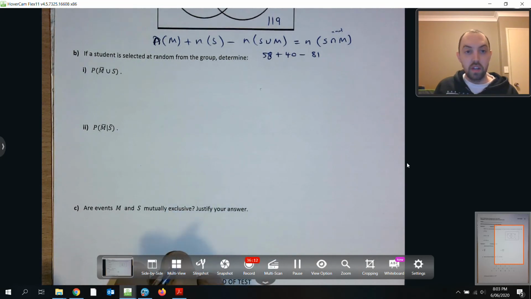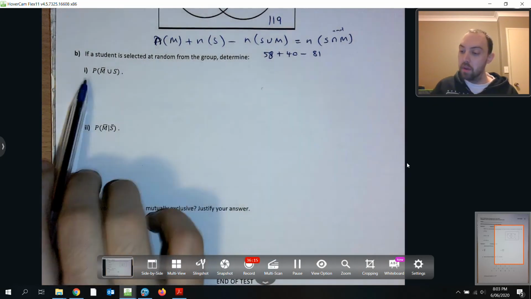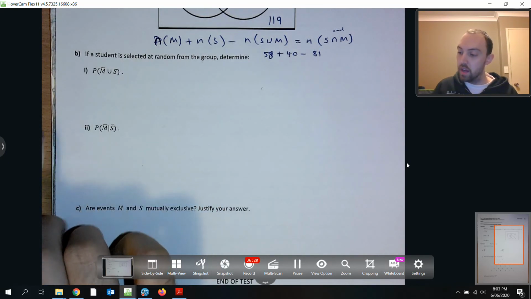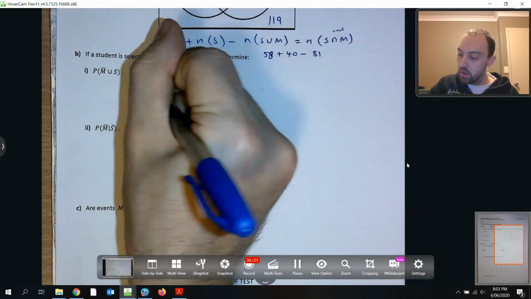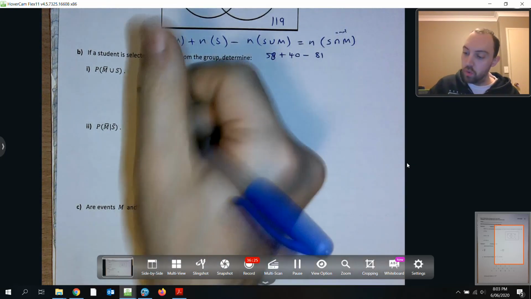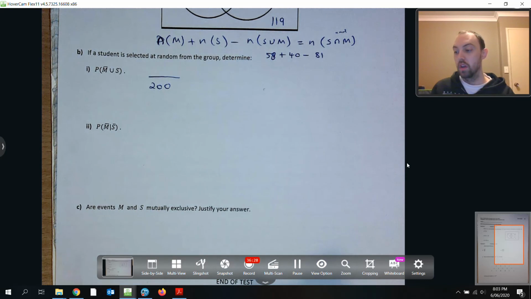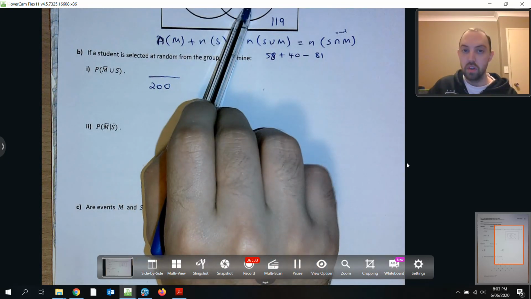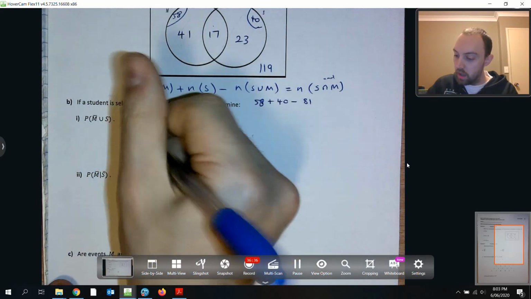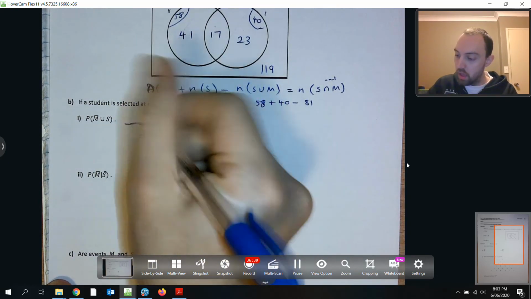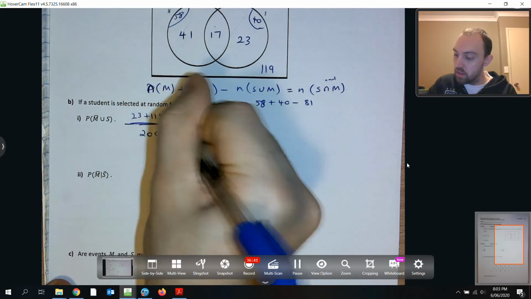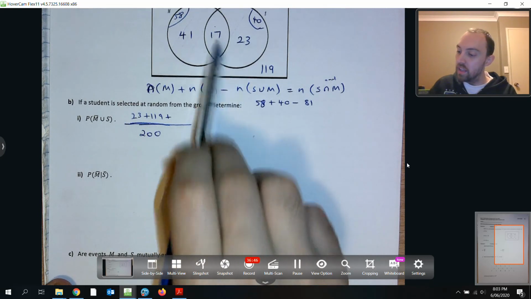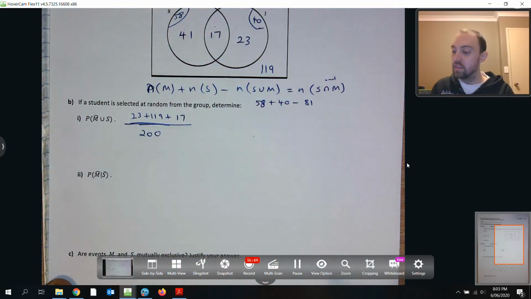If a student is selected at random from the group, determine the probability it is not M or S. Okay, not M or S. We're looking at the total group of 200 students, and we want to know whether they are not in the math seminar, so the 23 plus 119 plus the people that are in S is the 17.